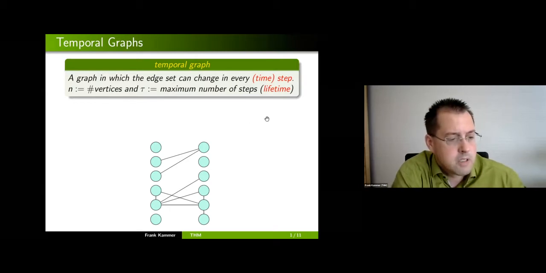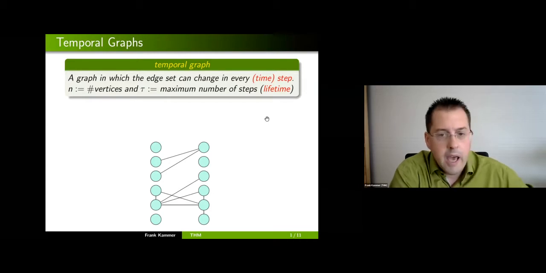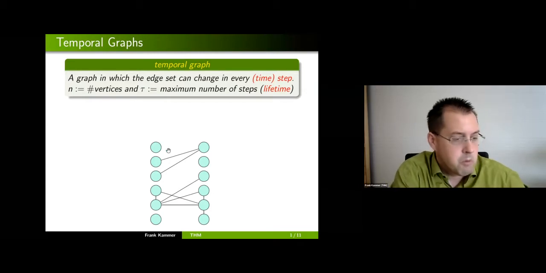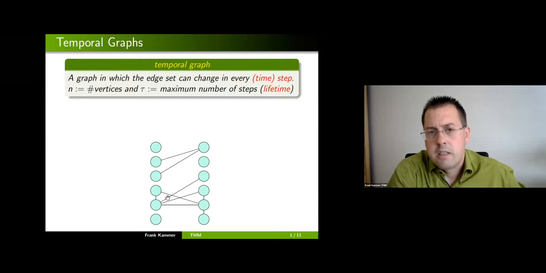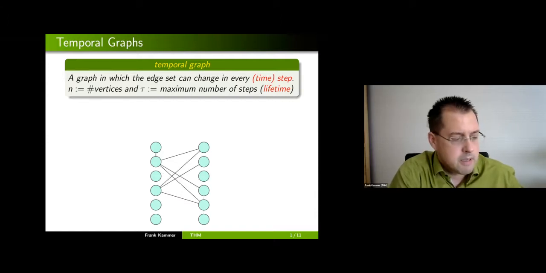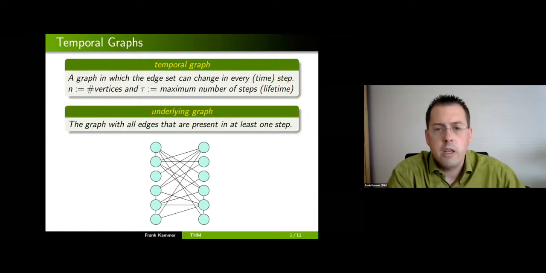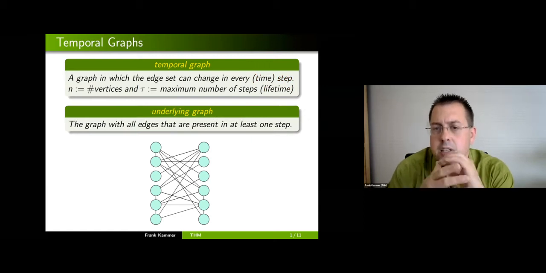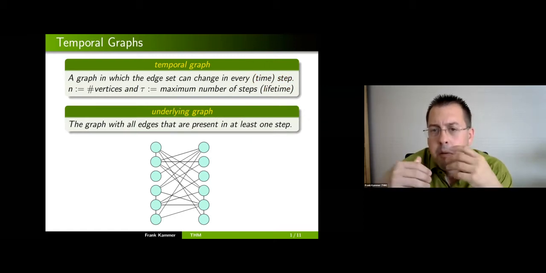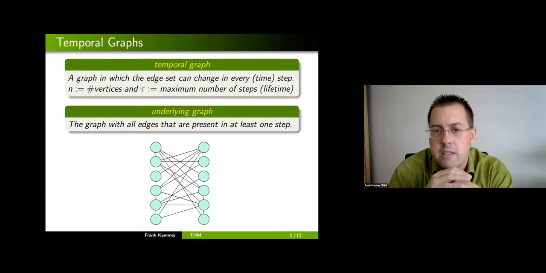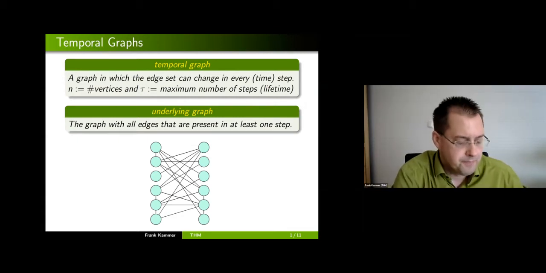This is also called the lifetime. For example, here we see the graph in step 1, then step 2, 3, and so on. The graph we get by combining all these edges is the underlying graph.